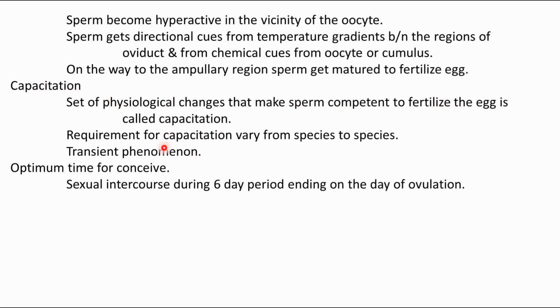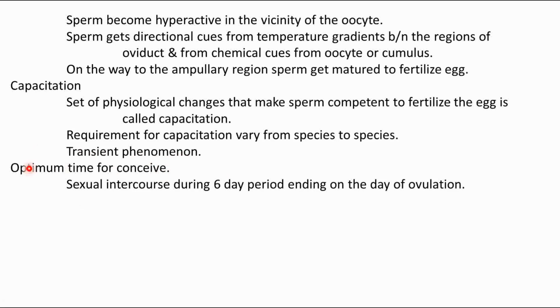The set of changes required for the sperm of one species is different from that of the sperm of other species. The requirement for capacitation differs from species to species. And also it is a transient phenomenon.